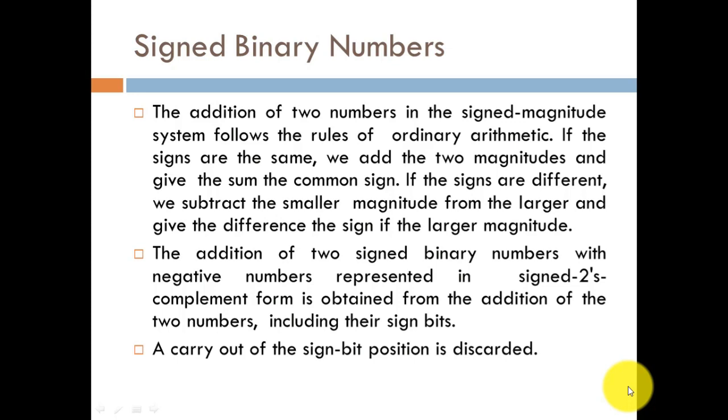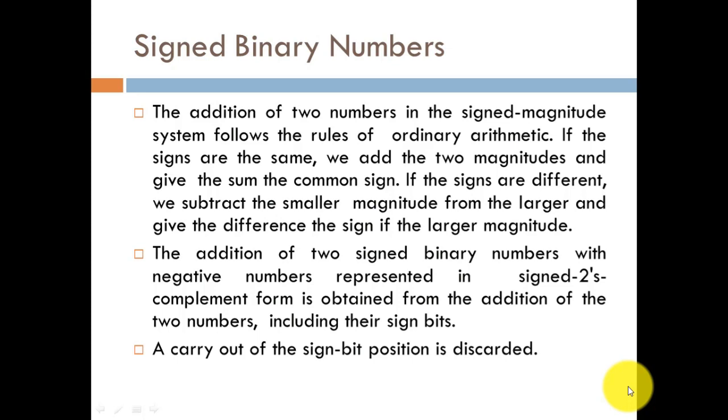Whatever we do in simple mathematics, we do the same thing. If both numbers have the same sign, we add them and put the common sign. And if the signs are different, then we subtract the smaller magnitude from the larger one and give the difference the sign of the larger magnitude.